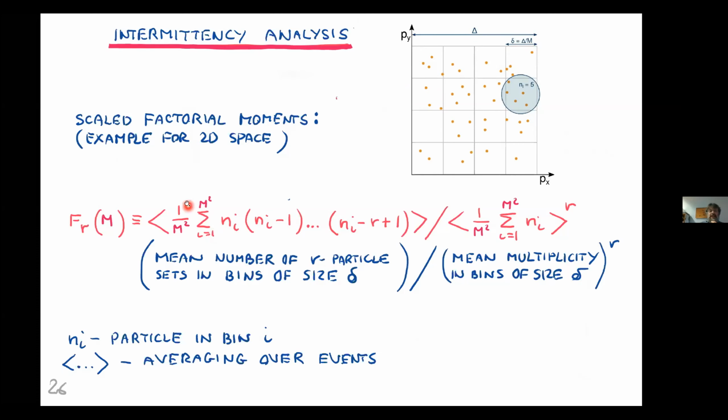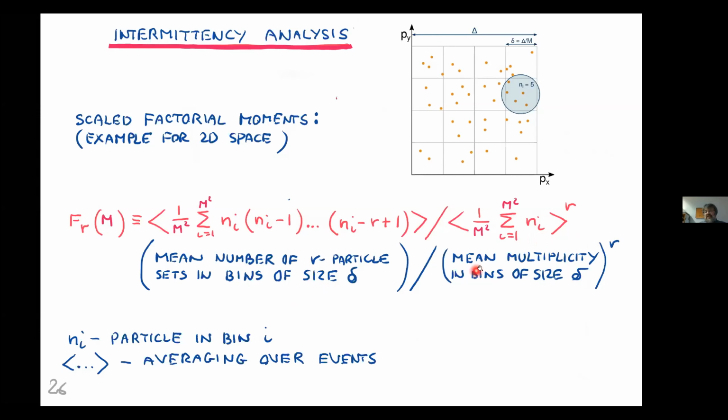Then I calculate the average over all bins by summing over all bins and dividing by the number of bins, and the average over all events. That's very easy, right? The number of pairs. Actually, you can do it for the number of triplets. Then you will have scaled factorial moments of the third order, and so on. And you have to scale it, because this is why it's a scaled factorial moment.